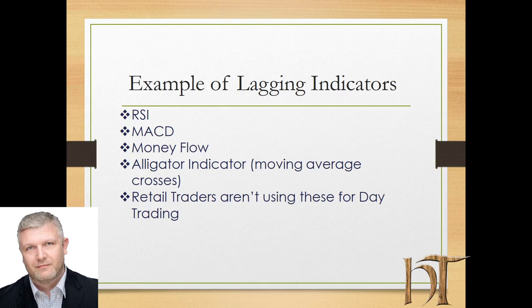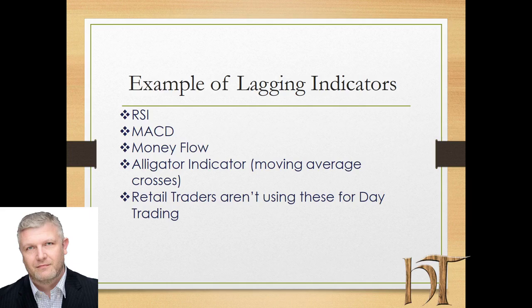So what do I mean by lagging indicators? A few of these lagging indicators, I mentioned there the relative strength index, or often known as the RSI. There's the MACD, which is a moving average crossover indicator.